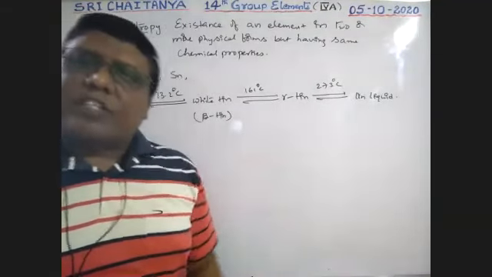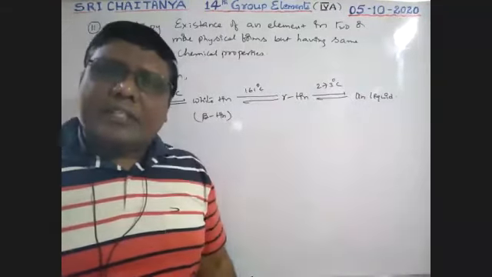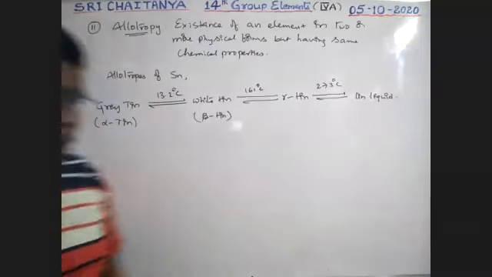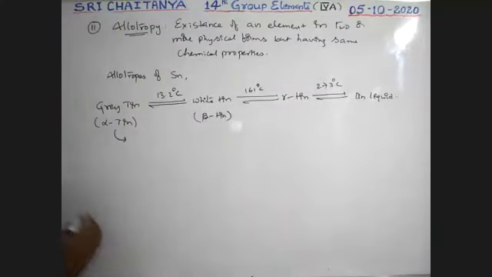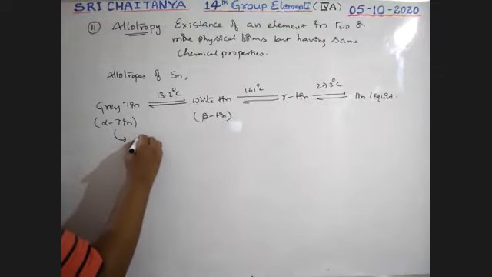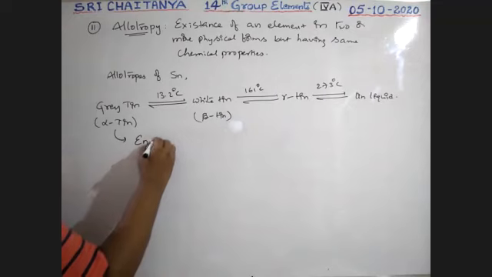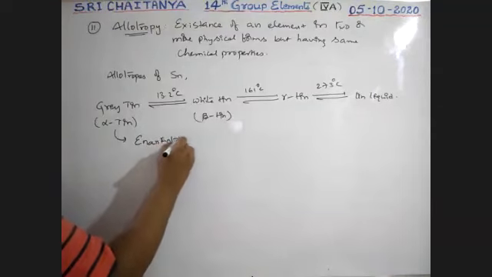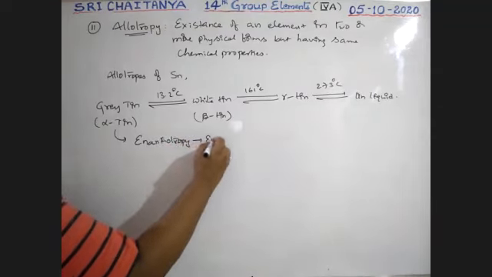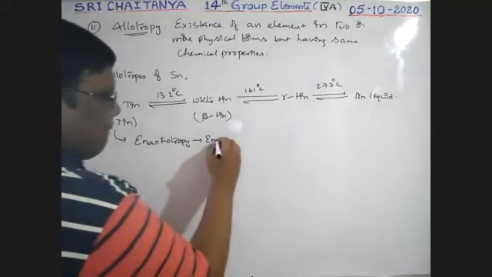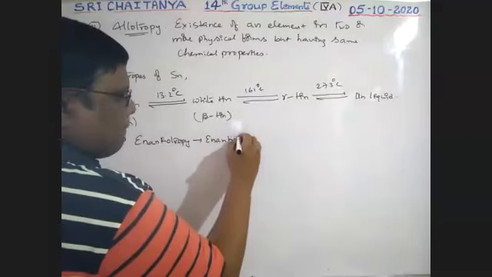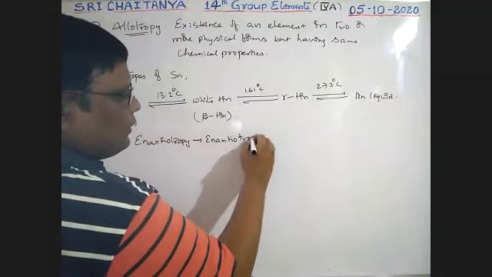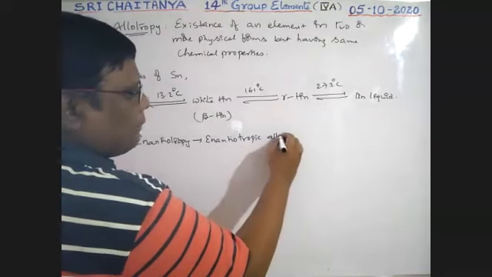That means interconversion is possible, not like in the previous case. So these allotropes are called enantiotropic, enantiotropy, or enantiotropic allotropy.